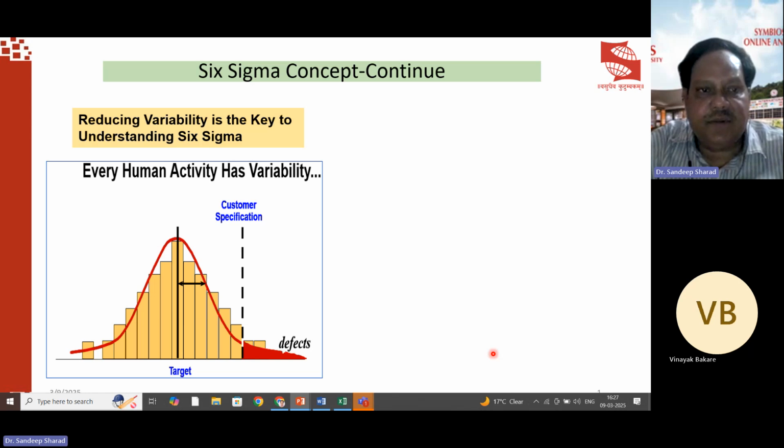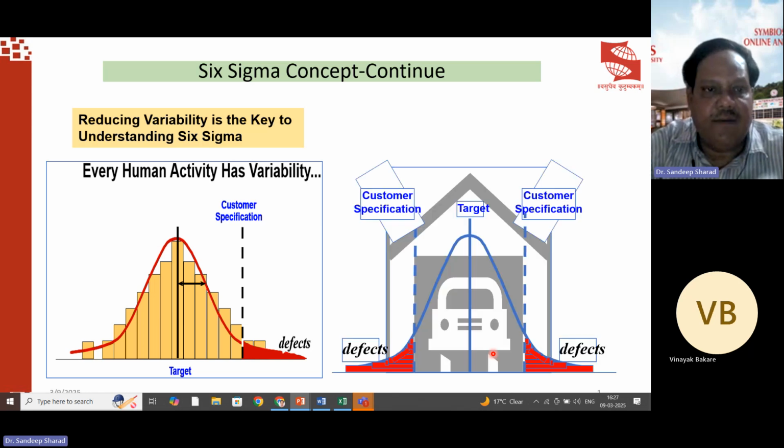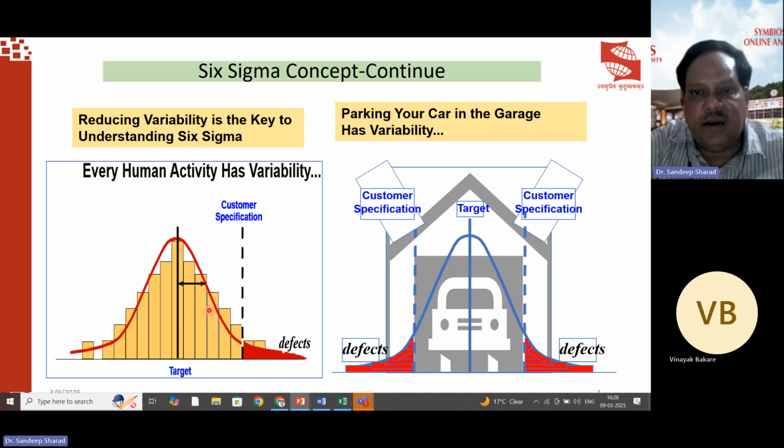Six Sigma concept, if we talk about it another way: every human activity has variability. However, how to meet those customer specifications within the acceptable range is a very significant target. Parking a car in the garage has variability.